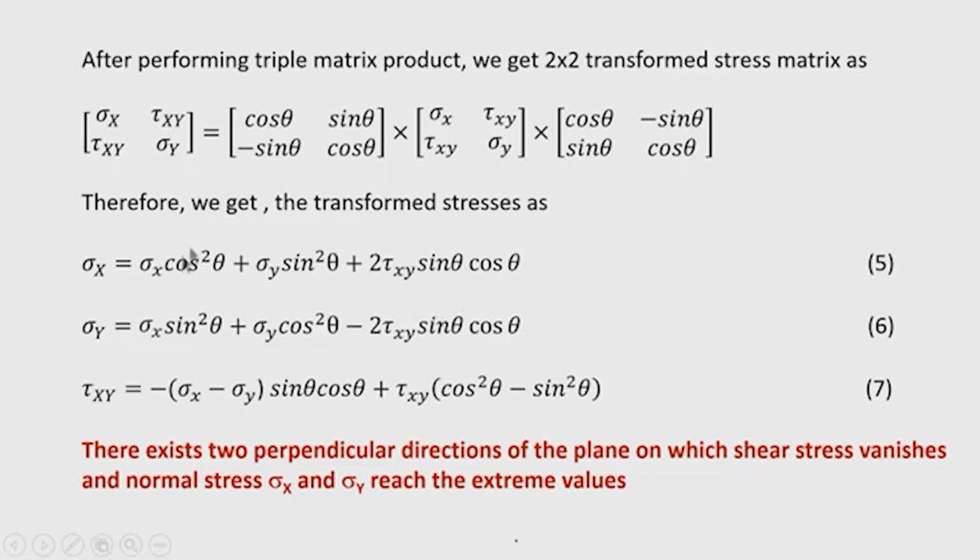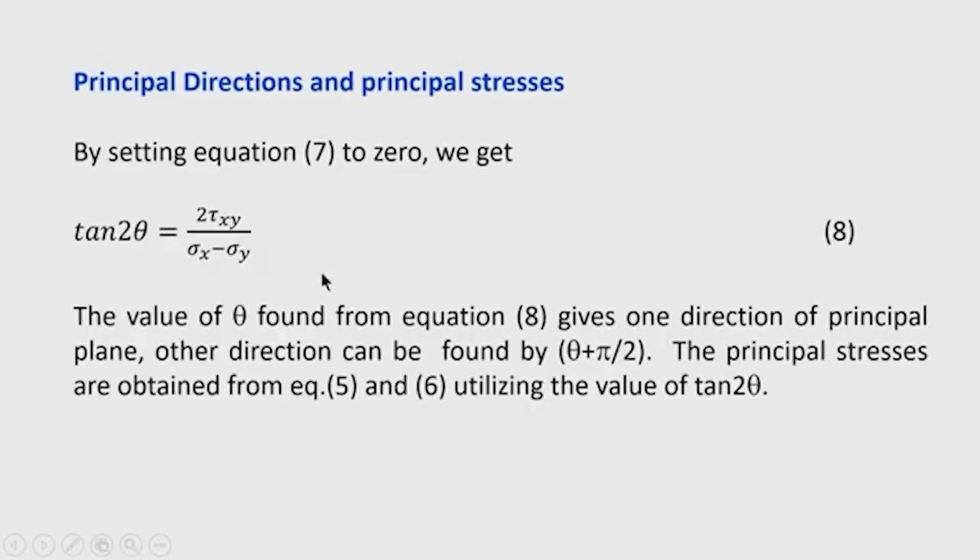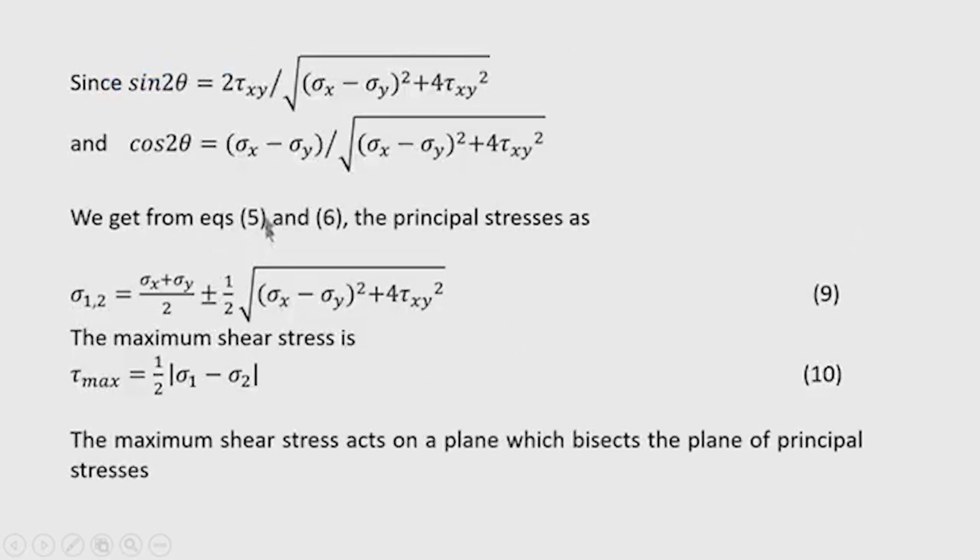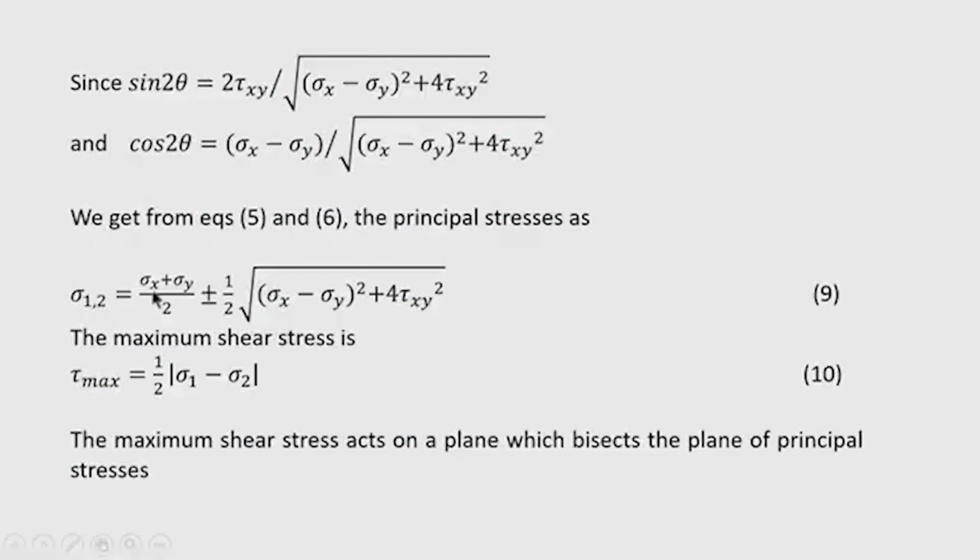If I use these identities and the expressions of sin 2 theta and cos 2 theta, we ultimately arrive at the principal stresses. So, principal stresses are found as (sigma x plus sigma y) divided by 2 plus minus half root over (sigma x minus sigma y) whole square plus 4 tau x y square.